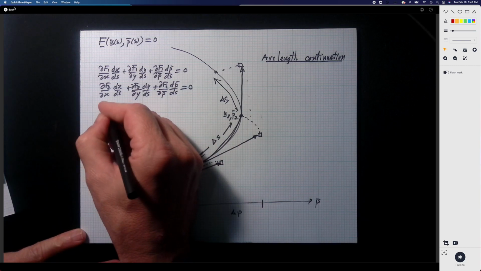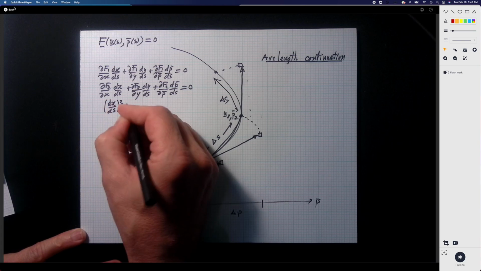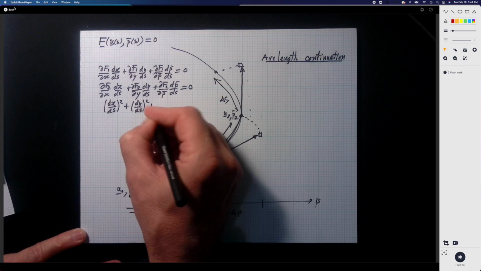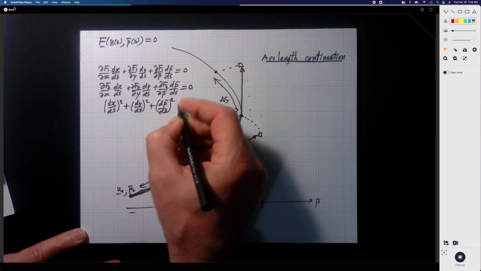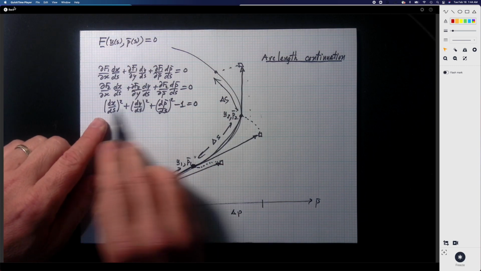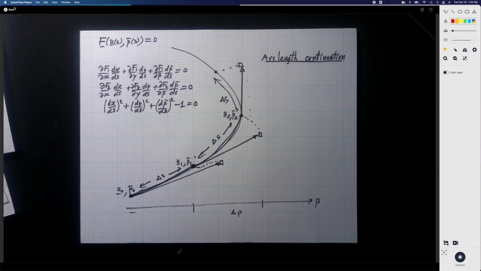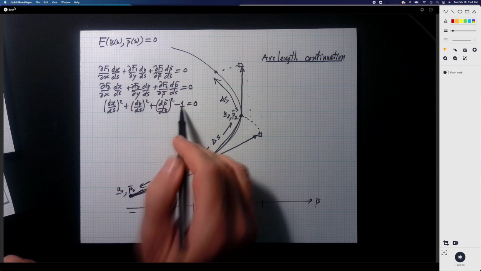And the condition we're going to add is that dx ds squared plus dy ds squared plus dp bar ds squared minus 1 is equal to 0. In other words, we're going to insist that the increment in the arc length is equal to 1.